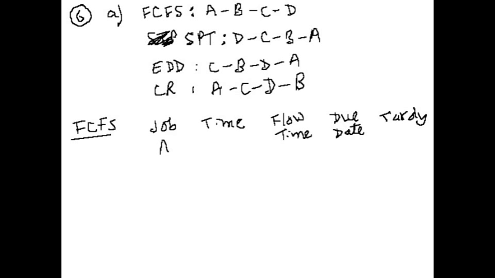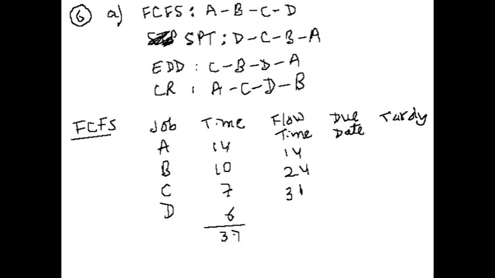So you have A, B, C, D as jobs, and the times are 14, 10, 7, 6, so that the total is 37. So flow time will be 14, 24. You are adding 14 and 10 to get 24. Then add 7. So basically you are doing cumulative calculation. So you get 31. 31 plus 6 you get 37. So the total, if you find, will be 106.